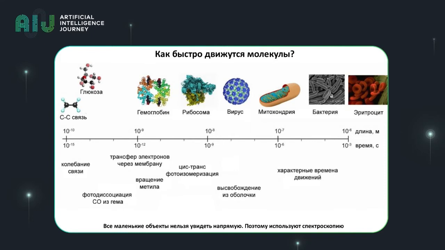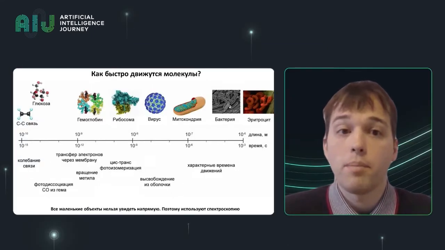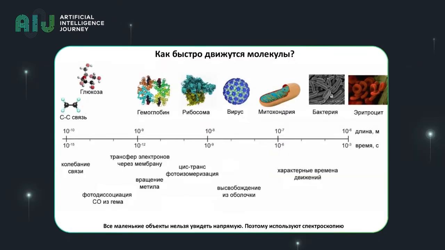We are used to living in the normal world where people work with objects of a characteristic size of 1 meter, and the sensitivity time for a person is about 1 second. Very small things move much faster, like milliseconds and microseconds for human cells.